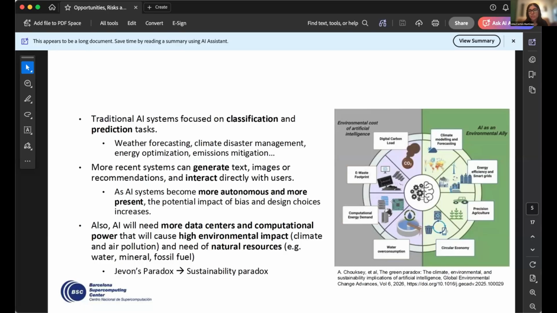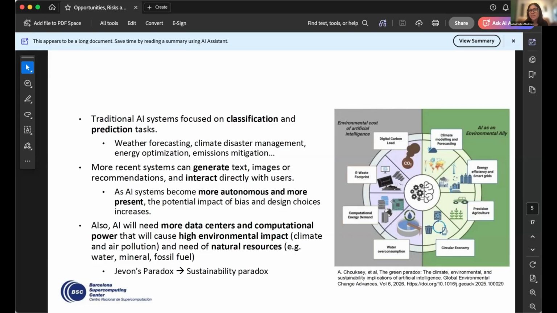And this is also causing a high environmental impact, especially in terms of climate and air pollution. And there is also a huge need of natural resources. It has always been there with building computers, chips, etc., but now it's more and more causing a problem.